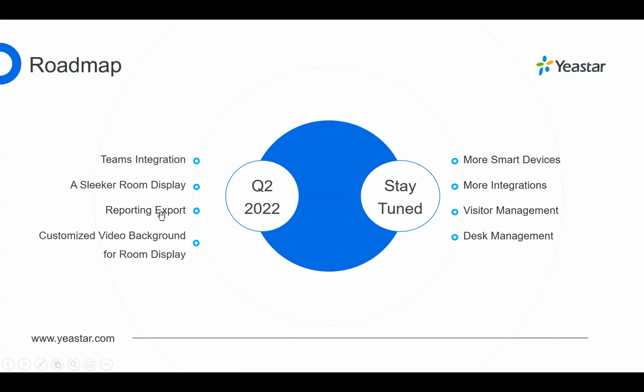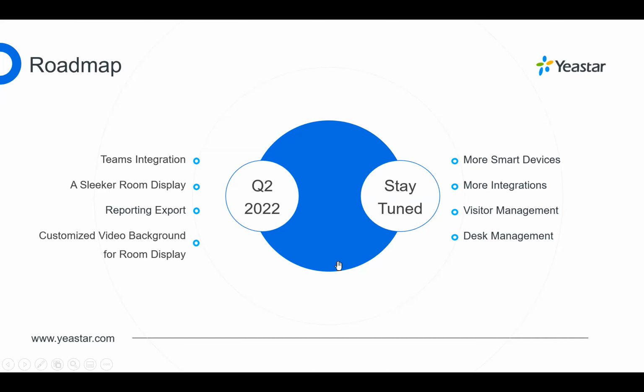Also, like we mentioned about the reporting and analytics, we will be able to export those reports in the upcoming version, and also customize the video background for the room display. So those features will be supported soon, in the second quarter. And in the second half of 2022, we're going to have more smart devices, more integrations, and also, like we mentioned, the other two parts of the workplace solution, the visitor management and the desk management, those are needed.